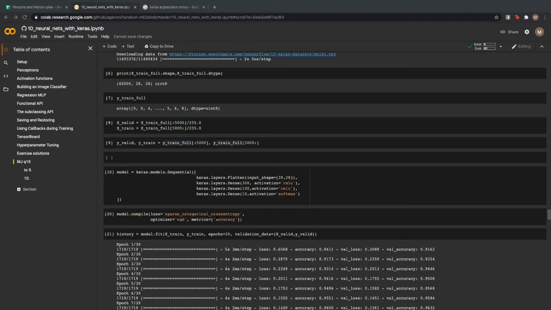Suppose you have 10 classes. If the labels were given in a one hot encoding format, as Maria said, like 0 0 1 0 0 0 0, then the loss is simply categorical cross entropy.